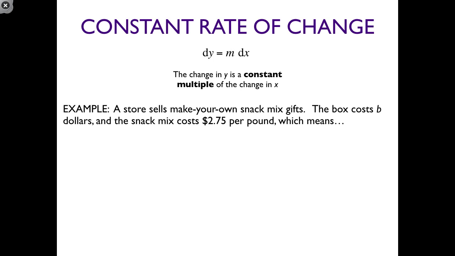But yeah, for any incremental change or any small change or any amount of change, any variation in the weight of the candy that you're putting into the box, we measure that change or variation or extra in pounds. Take that number times 2.75 and you get your incremental variation in dollars of the price of the box. So what about the B?